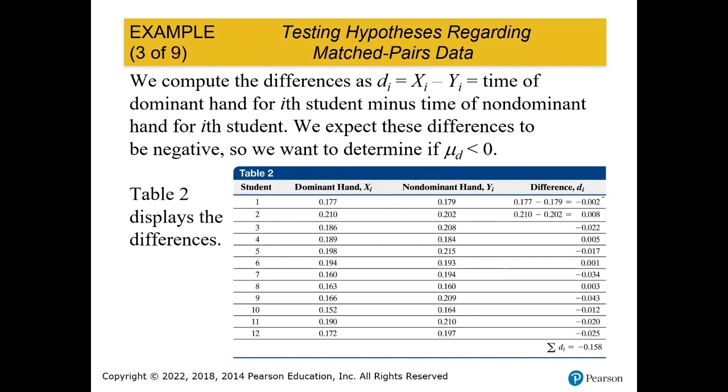If they are around 0, then they will be about equal. And if it's positive, then this first one will be bigger. We want the differences to be negative because of what we were asked. We were asked, does dominant hand have a quicker reaction time than non-dominant hand? We want to know if this one's smaller than that one.